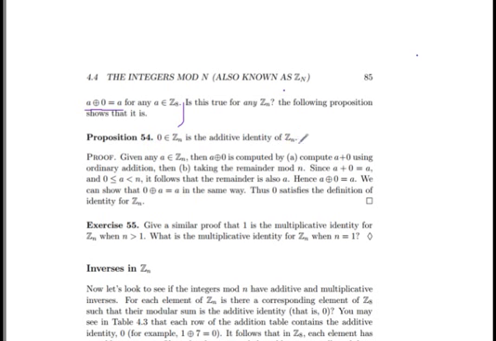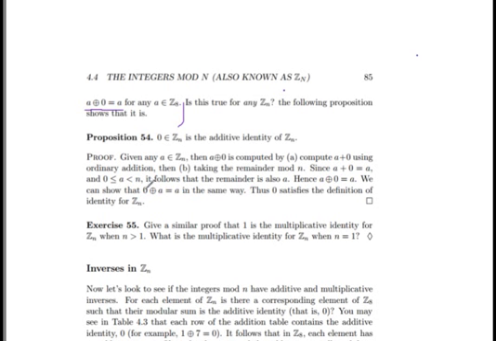Now notice here that you need to check in general that a plus 0 is a. In other words, 0 doesn't change a when you add it on the right. And you also need to show that 0 plus a is equal to a when you add with 0 on the left. You have to check both of these.